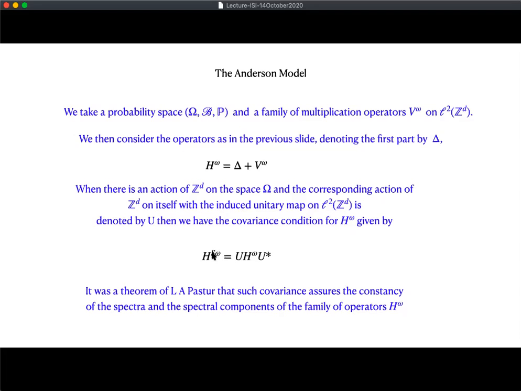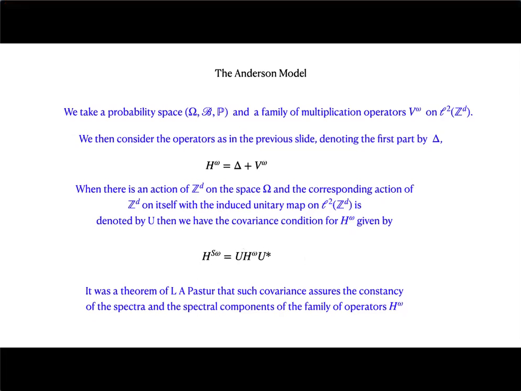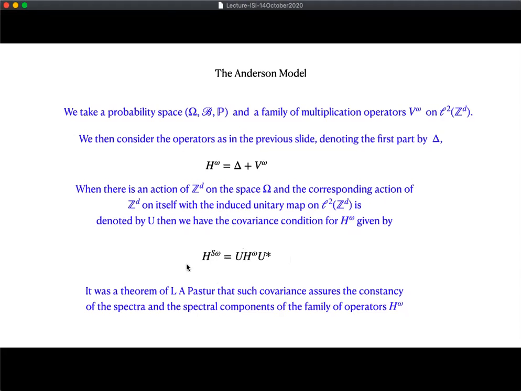This action gives you an operator that is unitarily equivalent. This property is called homogeneity. In other words, if you look at the material from a different perspective, the physics should not change. That is a requirement that you must have, called homogeneity in the physics literature and covariance in the mathematical language. So we require this covariance with respect to the action of Z^d on omega and L2 of Z^d.